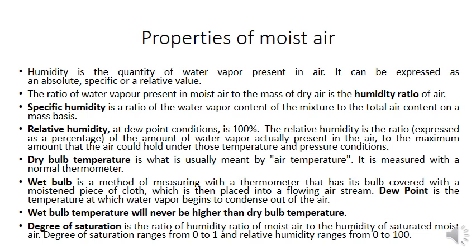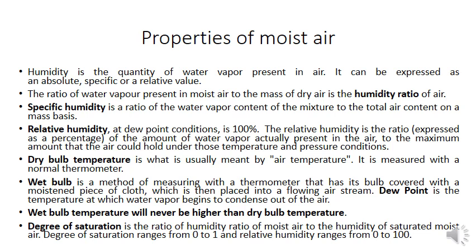Now temperatures. Dry bulb temperature basically is the normal air temperature. We can just put a normal thermometer and measure the temperature. It's the dry bulb temperature. Wet bulb temperature is the method of measuring the temperature with a thermometer which has a bulb covered with a moist cloth, and this moist cloth thermometer can be placed in the flowing air stream and the temperature will be measured.